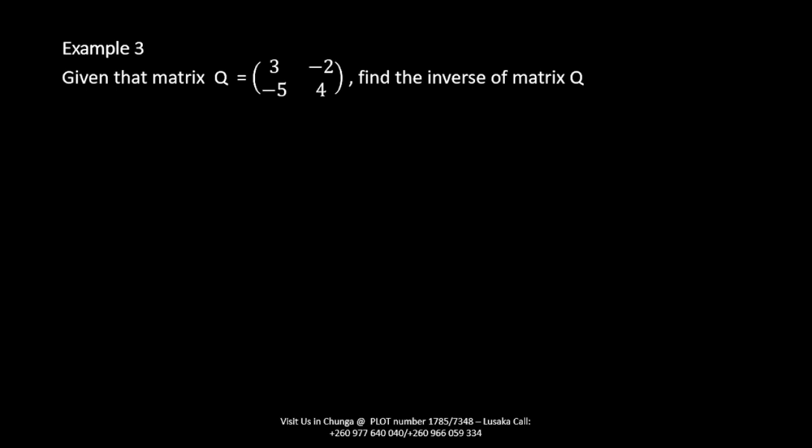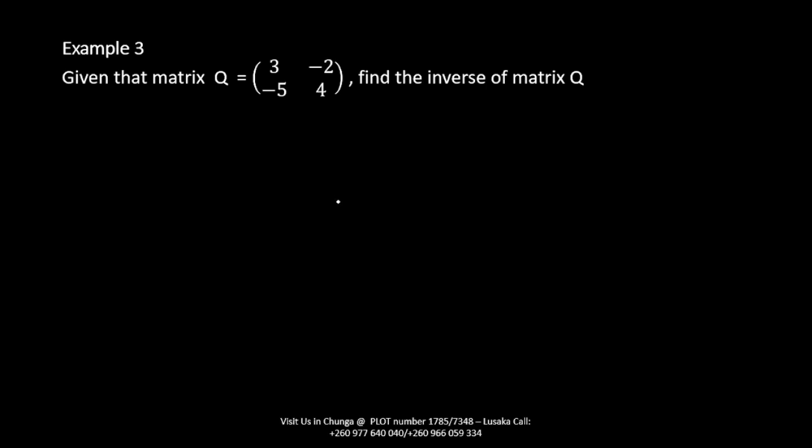For example, we are told that given that matrix Q is equal to 3, -2, -5, and 4. Now find the inverse of matrix Q. Okay? So, how are we going to find the inverse of matrix Q?